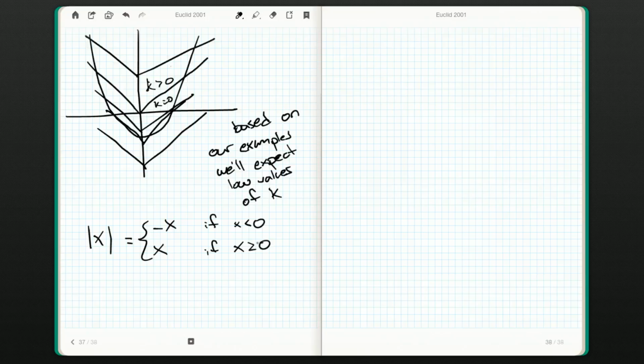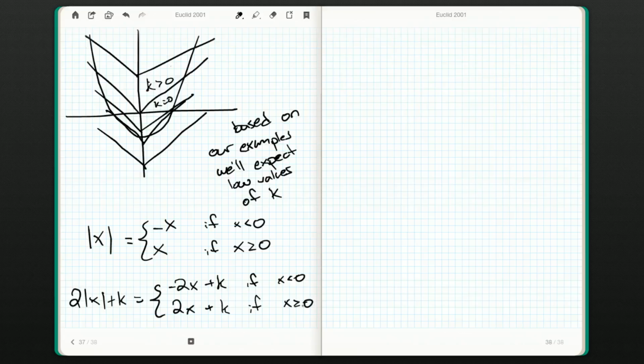Okay, so what we can do is actually break our second function, 2 absolute value of x plus k, into 2 separate functions. So we'll have negative 2x plus k if x is less than 0, and we'll have 2x plus k if x is greater than or equal to 0.